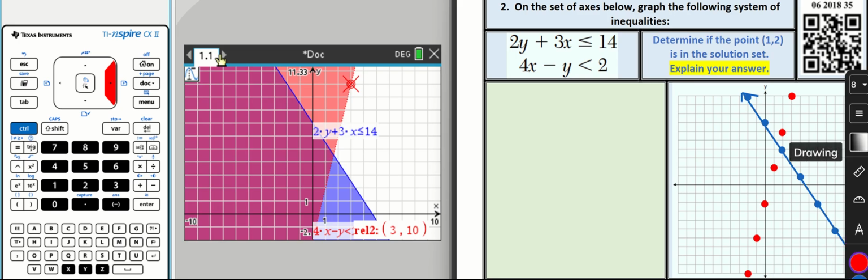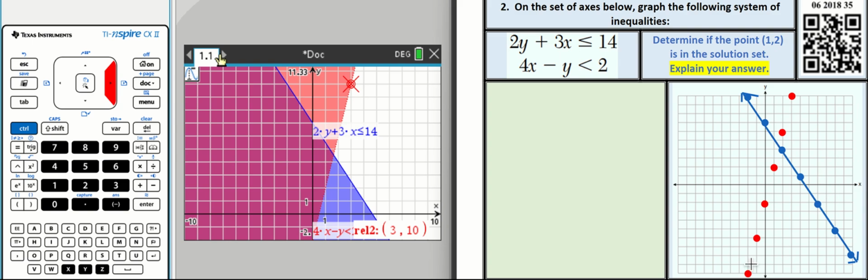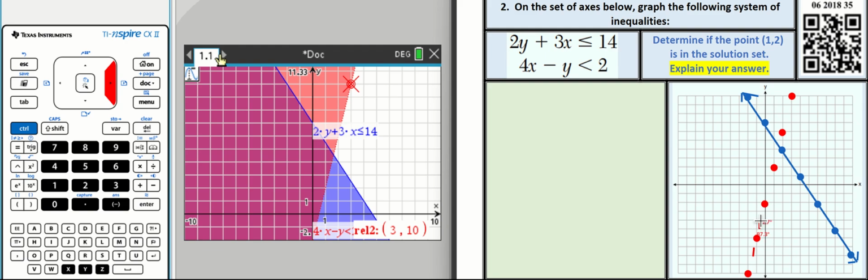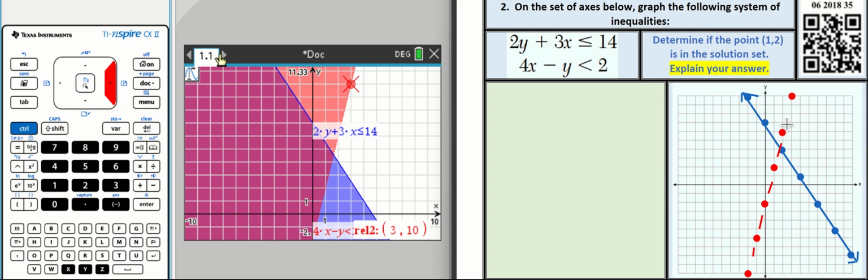But if you want, don't completely connect them. You can put little lines in between to make it a little easier to see where it covers.